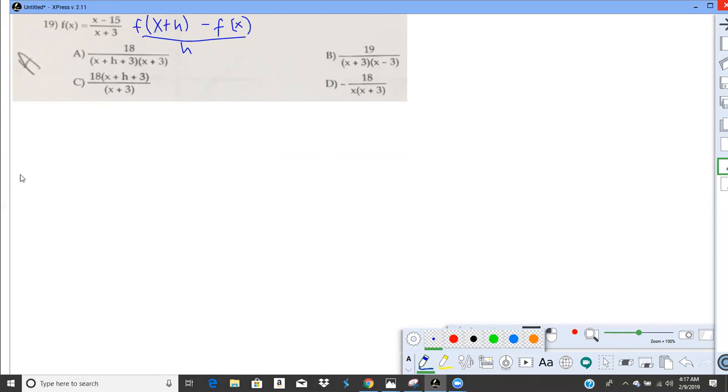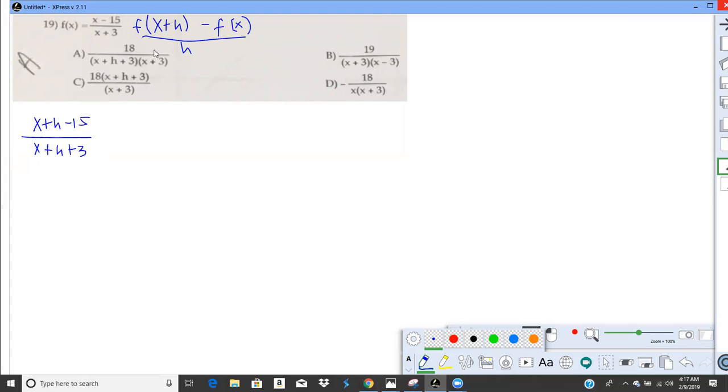Okay, I will start here. Every time you see x, you put x plus h. So x plus h minus 15 all over x plus h plus 3.